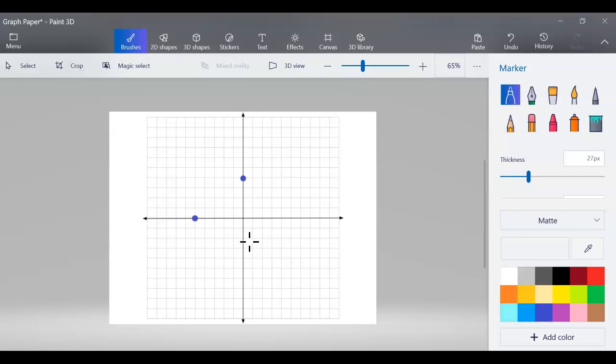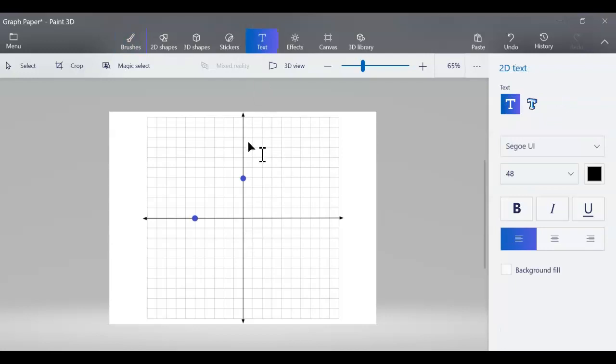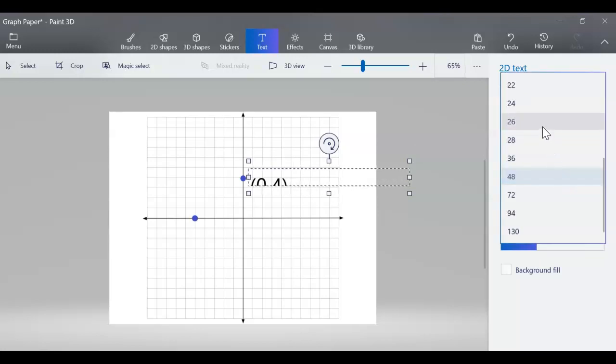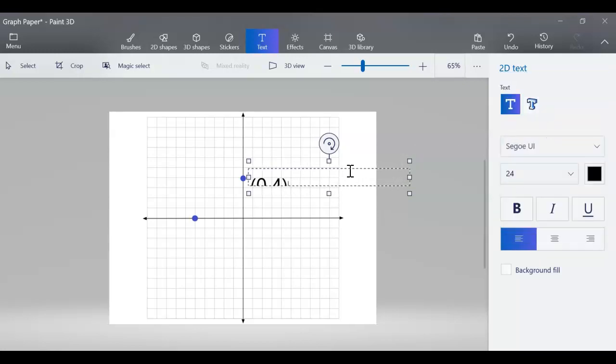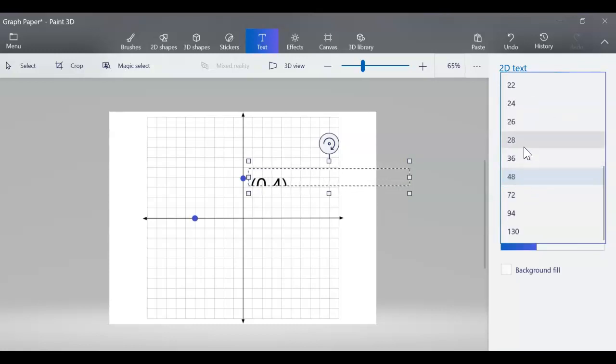I could label this if I had the actual tools to do it. I guess we can try that. Let me go a little bit smaller. So that is the point (0, 4). Hopefully we got the text. Excuse me, I'm learning how to do a little bit of this.